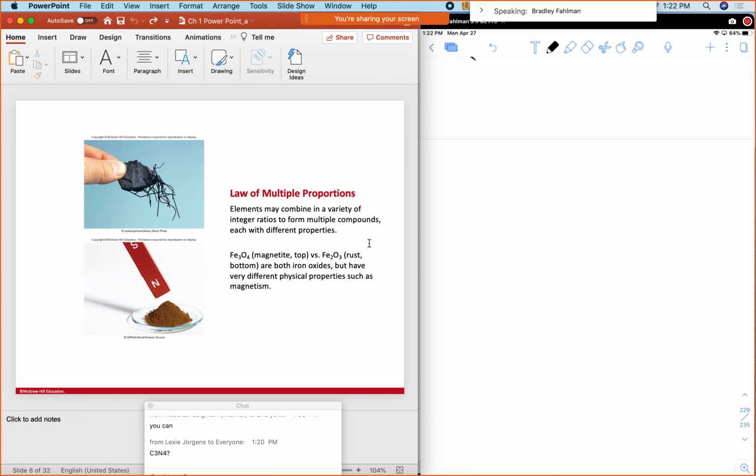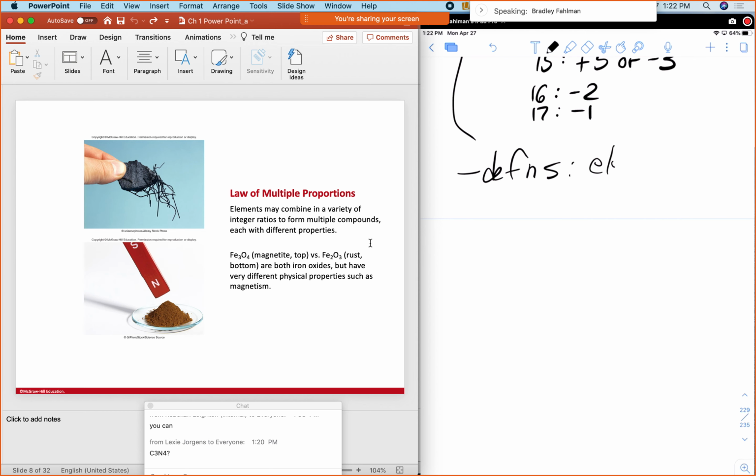Okay, so that's the definition of compounds. You should really know for sure the definitions of element, compound, mixtures, and then homogeneous, heterogeneous.